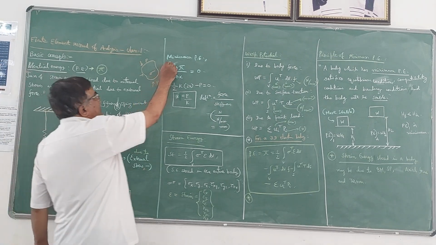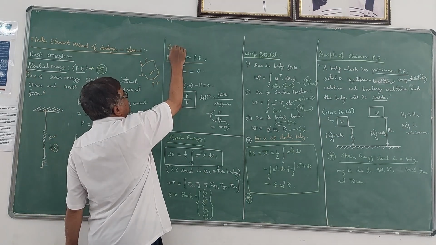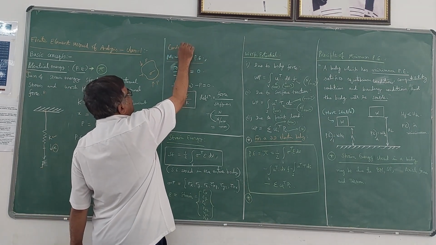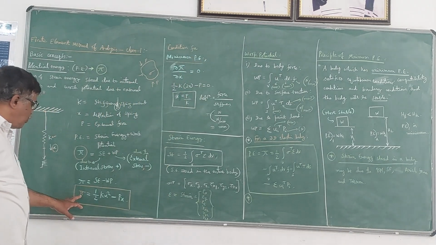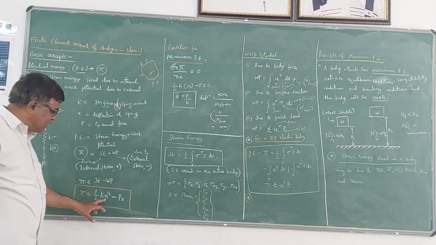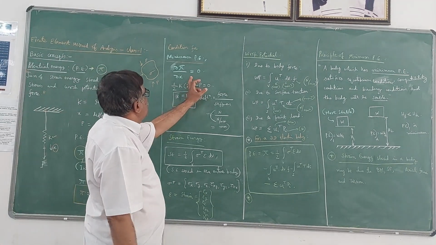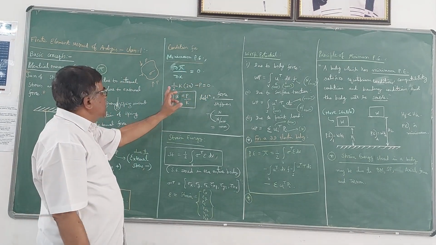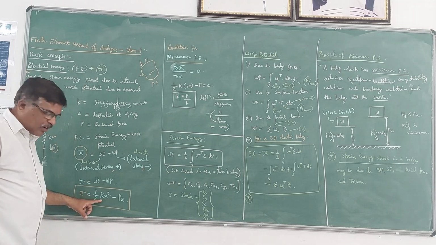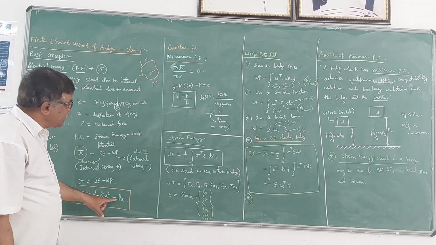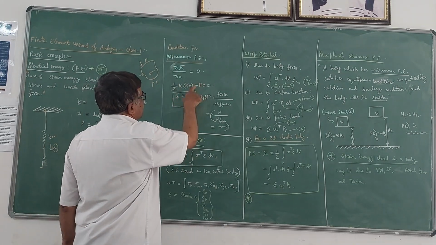Now, if you take the minimum potential energy case, the condition for minimum potential energy is that the first derivative should be equal to 0. That means dou pi by dou x, x being the variable here, is equal to 0. If you differentiate this with respect to x, you will get half into k, the spring constant, which is a constant, into 2x minus P. So that should be equal to 0, or in other words you can write x is equal to P by k.